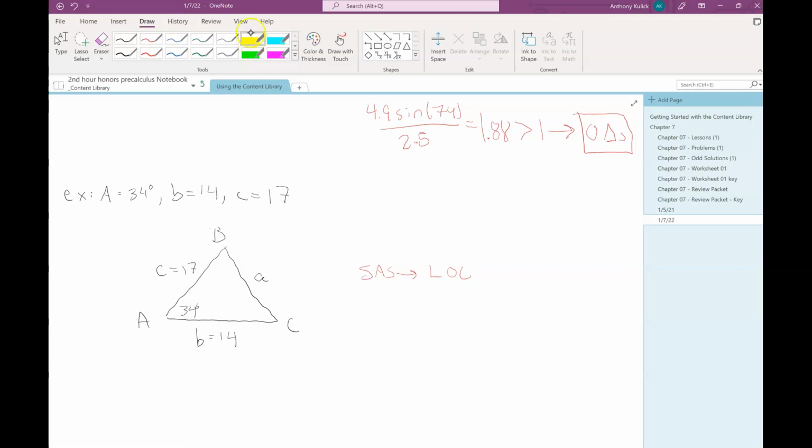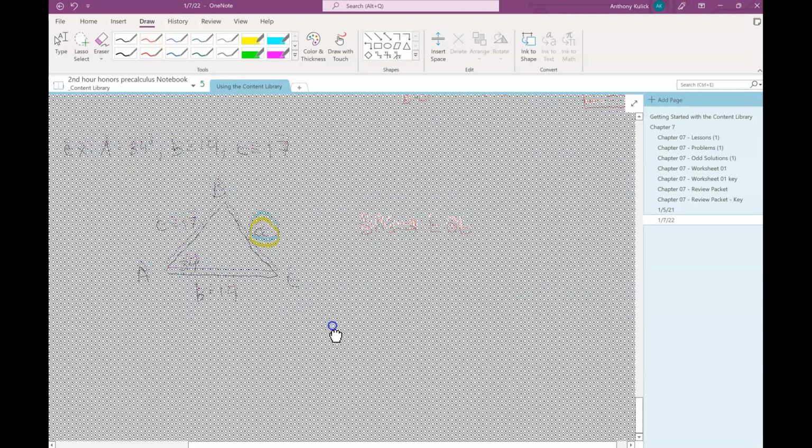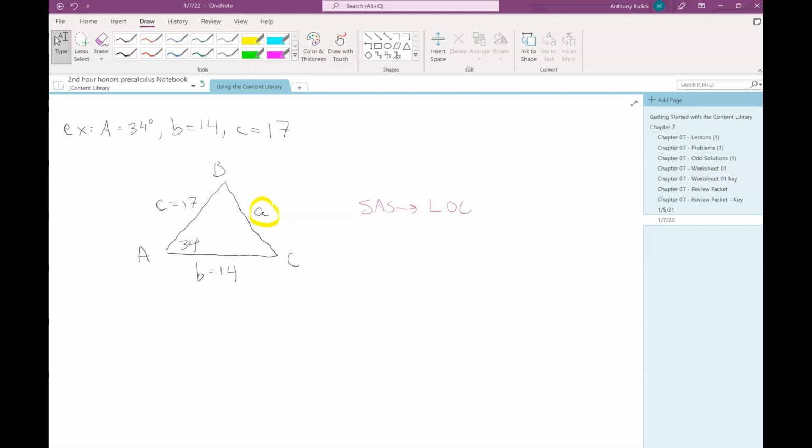So in the side angle side situation, the piece that I'm solving for first has got to be the side opposite the given angle, or just the only side that I'm missing.